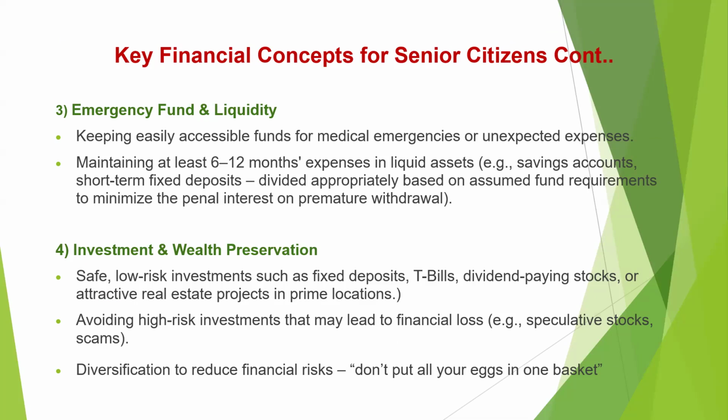You always have to have 6 to 12 months of expenses in liquid assets to meet your emergency requirements. I have given priority to health because of the senior citizens. Then you have to grow the funds, and when you are investing them, you have to think about where you are going to invest.